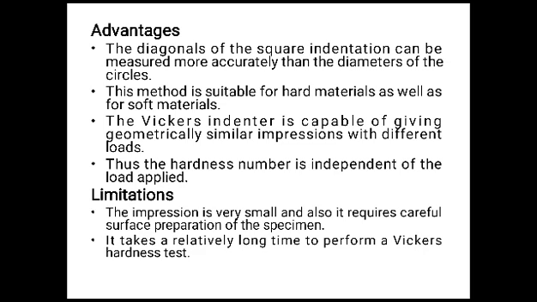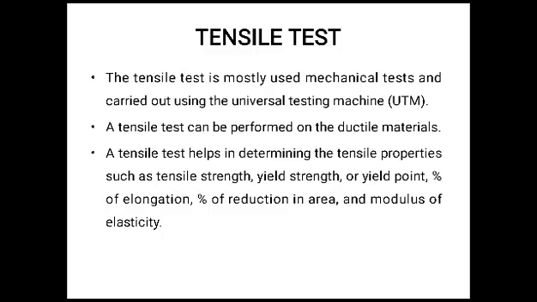The advantage: the diagonals of the square indentation can be measured more accurately than the diameters of a circle. Limitations: the impression is very small and it requires careful surface preparation of the specimen.